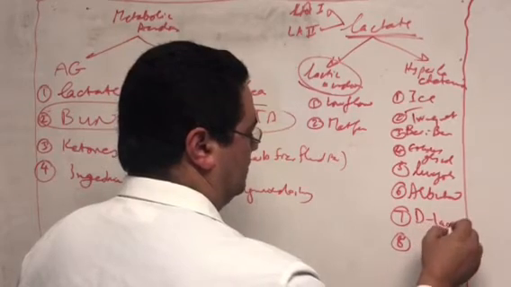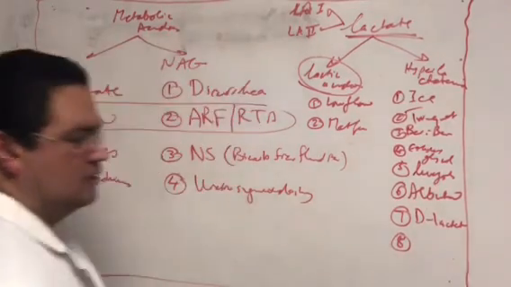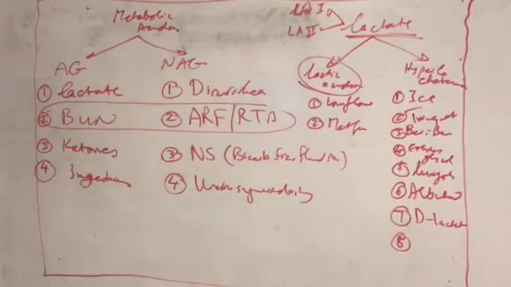D-lactatemia is the lactate that comes from non-human cells. Human cells make L-lactate, and tumor cells or bacterial cells make D-lactate. So that's why if you have tumor lysis syndrome, you might have high lactate without acidosis. You might have acidosis for a different reason, but a high lactate without acidosis is the tumor cells dying.